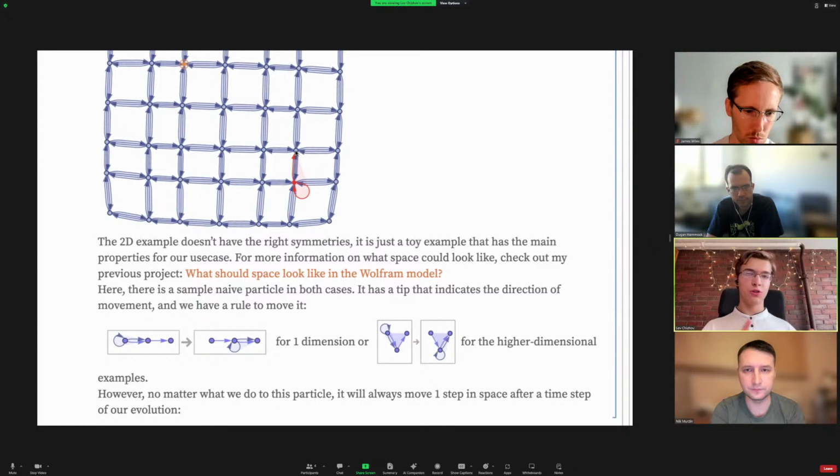However, you do not know where the momentum vector should be pointing at the next iteration of time. Since we are working with subhypergraphs, if you just take the subhypergraph for these three vertices, it's going to be the same as the subhypergraph for these three vertices by default. And that's not something you want.